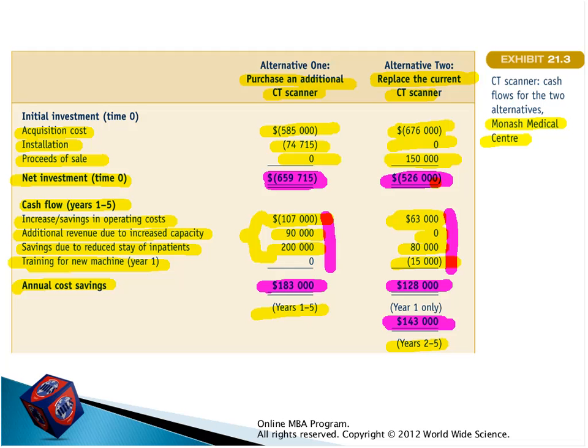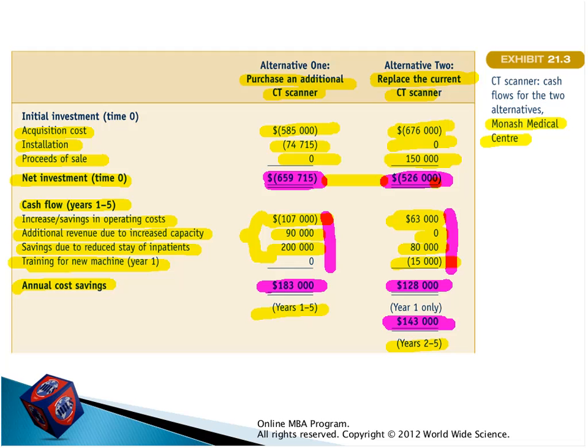And we can receive annual cost savings of around 183,000 overall. In the second project, we are investing 526,000 US dollars. You see, here we have differences. Can you see which is the best project based on the investment?